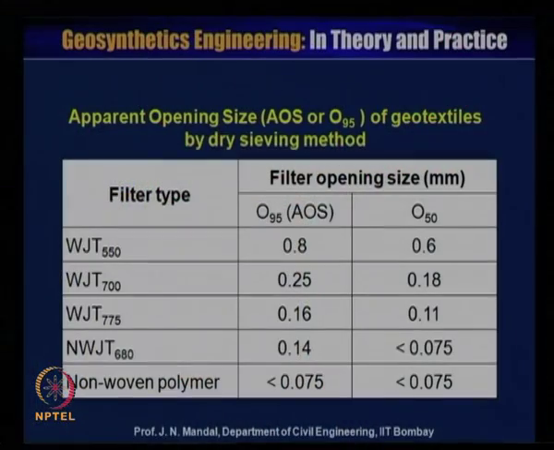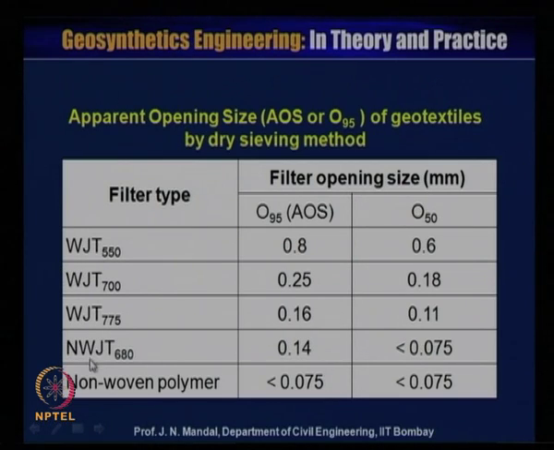It is very important that one should know what will be the apparent opening size or the equivalent opening size of the geosynthetic material. The apparent opening size, AOS or O95 of geotextile, has been determined by the dry sieving method. So, here is the filter type.